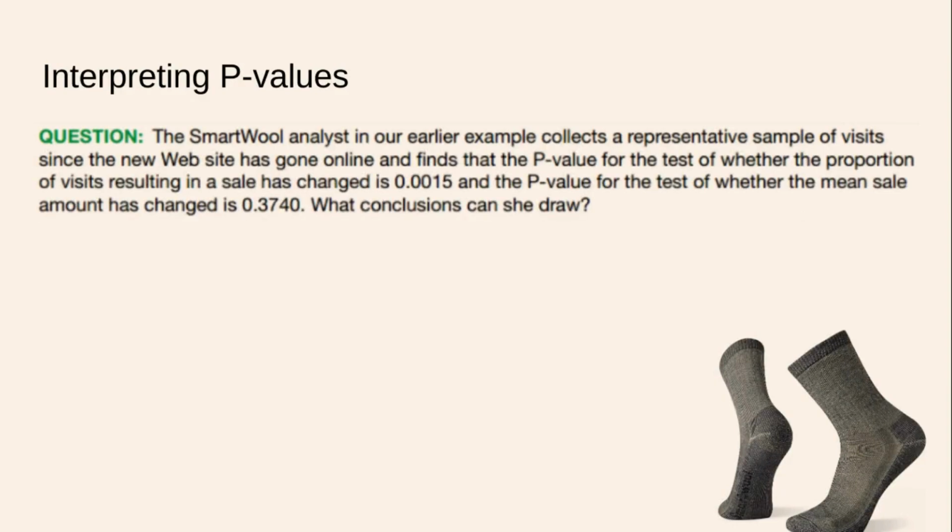Here we go. Let's interpret some p-values. The SmartWool analyst in our earlier example, from lesson 1, collects a representative sample, good on him, of visits since the new website has gone online, and finds that the p-value for the test of whether the proportion of visits resulting in a sale has changed in some way, not necessarily for the better, notice, has changed, full stop, is 0.0015.